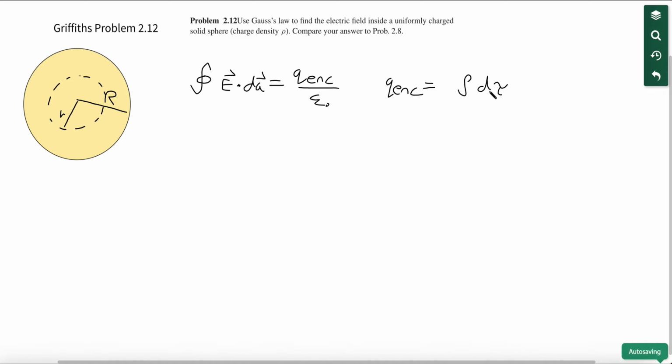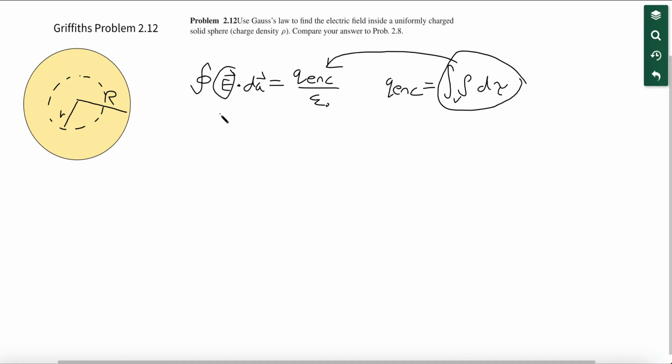And because it's multiplied by d tau, we're going to be dealing with a volume integral. Also, now that we have this, we're going to be able to plug this back into our main equation when we're solving for it. Before we do that though, I want to take the electric field out of this integral, and to do that, we're going to have to use symmetry arguments.